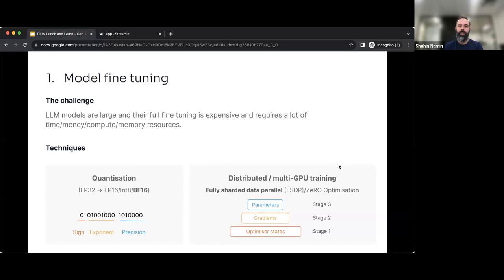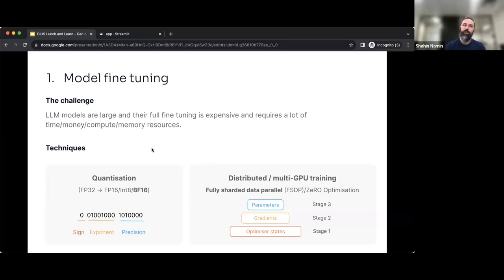So there are different techniques that you can use. The technique you see on the left is called quantization. Basically, rather than using 32-bit floating point numbers, you might use other types of numbers, which might be 16-bit or even an 8-bit number, like an int8 number.